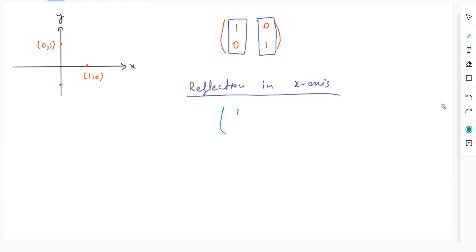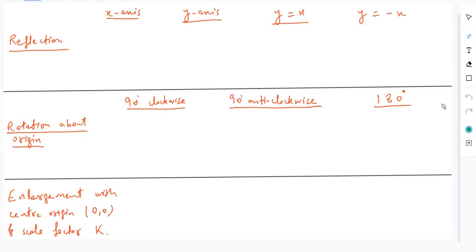So the second point will be 0, minus 1. That is the matrix that you have for a reflection in x-axis. ठीक है, हम वापस जाते हैं वहां पे इस फिगर के ऊपर पीछे, and we say this matrix here is basically 1, 0, 0, minus 1. This is the matrix that represents reflection in the x-axis.